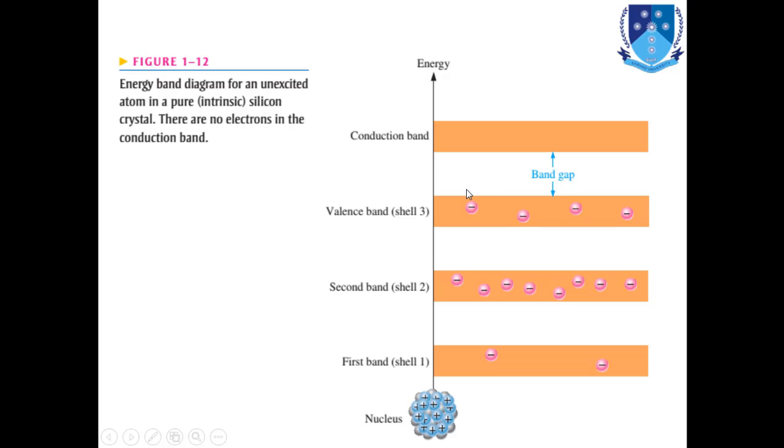At absolute temperature there will be no electron inside the conduction band. If we increase the temperature from absolute temperature, then we may find some of the electrons inside the conduction band.